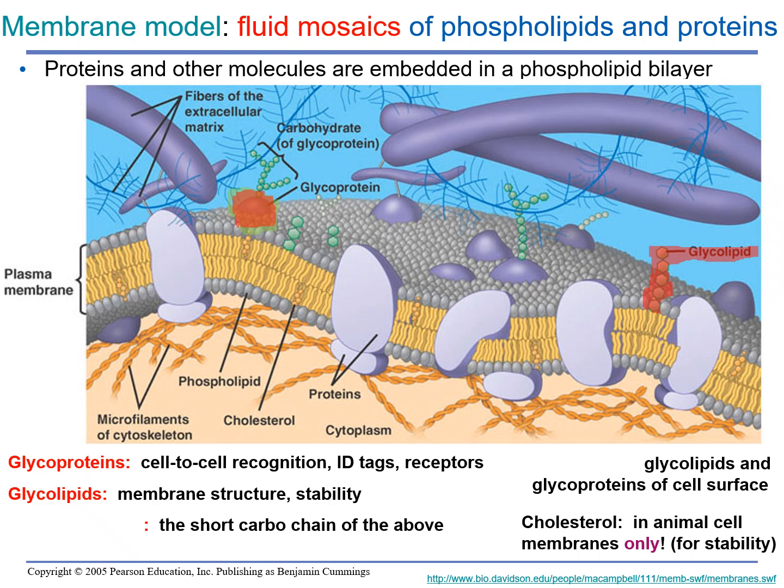And then we have oligosaccharides, which are the short carbon chains of glycocalyx. Glycocalyx are glycolipids and glycoproteins of the cell surface, and cholesterol is only found in animal cell membranes, and it's for stability.